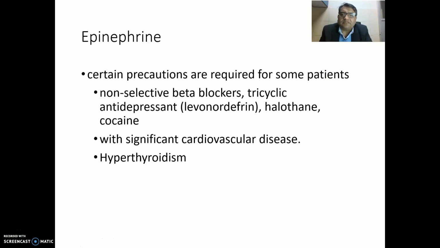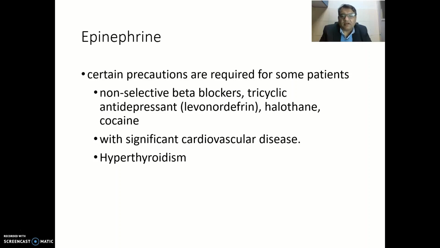With the use of epinephrine, certain precautions are required for some patients, like people on non-selective beta blockers such as propranolol, tricyclic antidepressants, levonorepinephrine, halothane and cocaine, which are going to produce a sympathetic response.